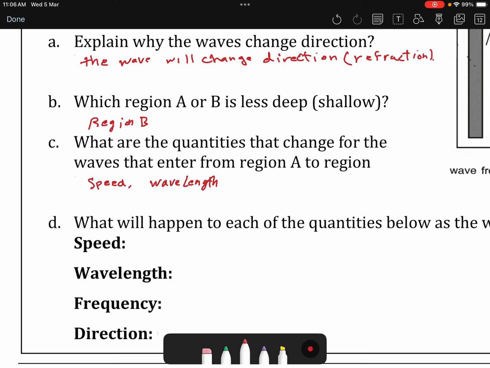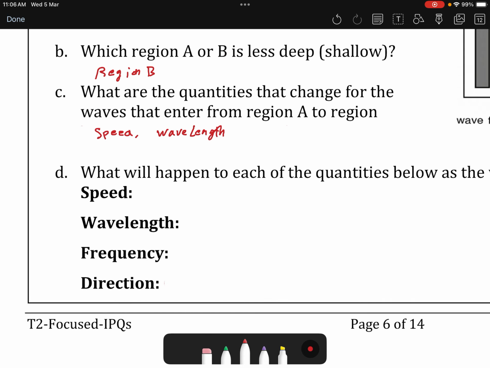Next question, what happened for each one of those? The speed, as we said, since it's going to less depth, it will decrease.